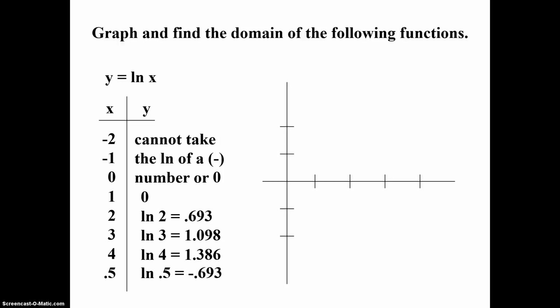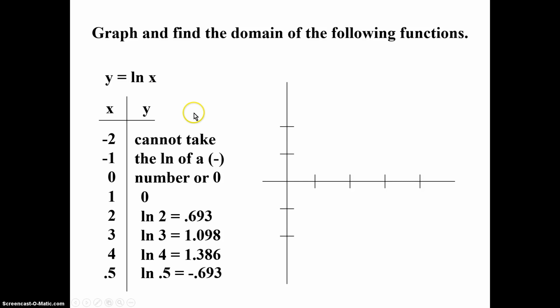And if we type in the natural log of 0.5, notice that it's a 0.5, not a 5, it gives me -0.693. This is a very important function. This is really the natural log parent function that you should be familiar with how it looks.